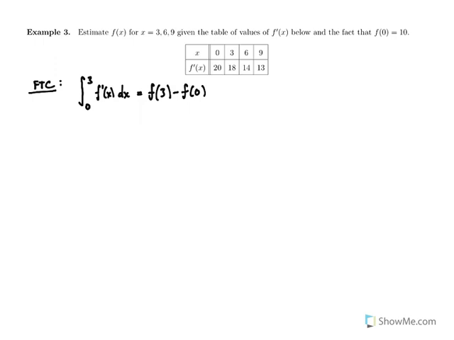The difference in this problem is that we don't know the exact value, but we can estimate this area using a rectangle. So we have f of 0, f of 3, sorry, f prime.